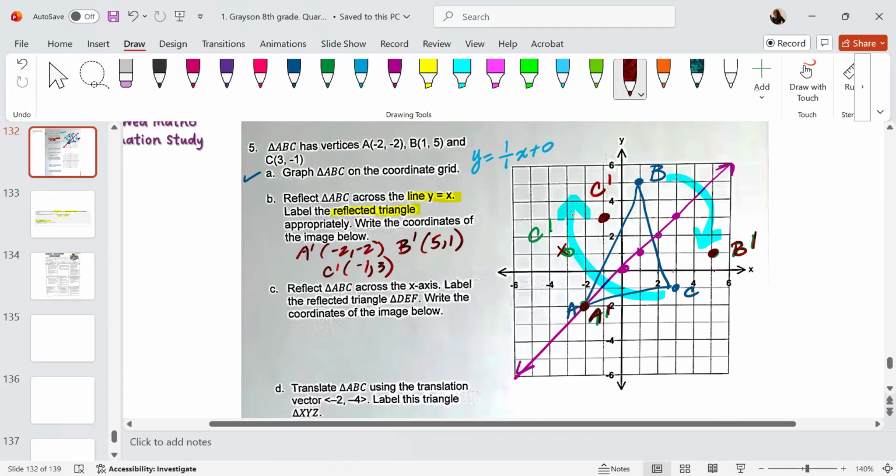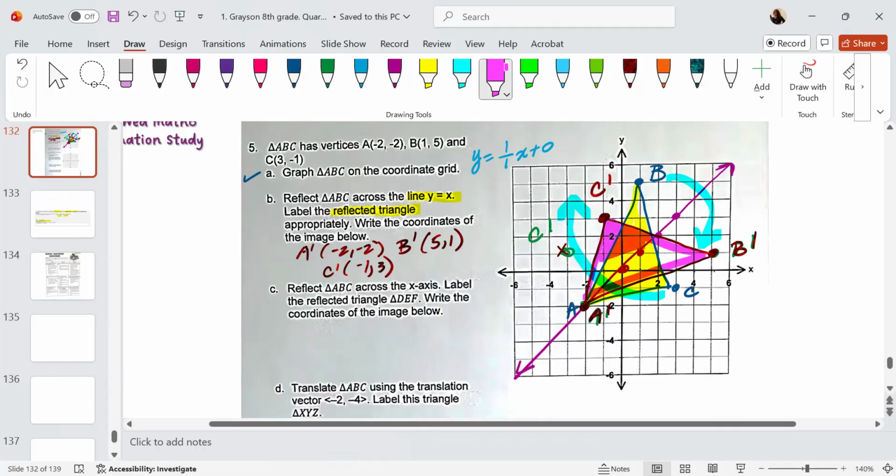Do you see that? Okay, so now once you have that, draw your new triangle. I want you to go ahead and color it. Your first one should be a blue one. Well, it doesn't have to be blue, but I color mine blue. Actually, I'm going to color mine yellow. The first one's going to be a yellow triangle. And my second triangle is going to be a pink triangle.